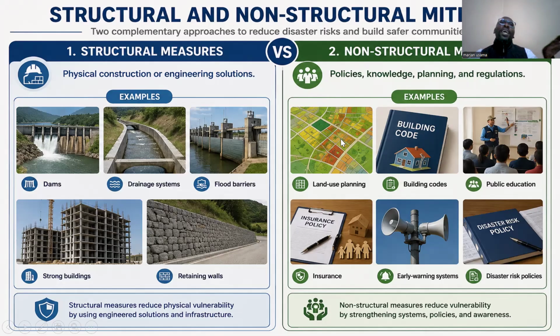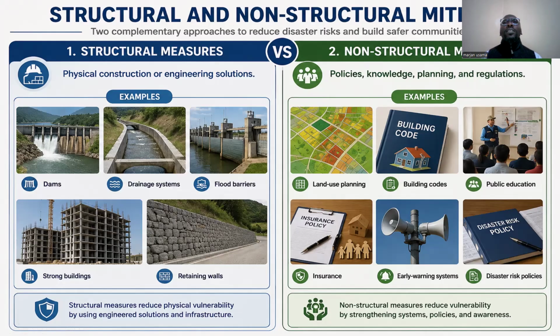So there are areas allocated for industries, for schools, for markets. That is what is known as land use planning. You can also ensure early warning, and so on. So that is the difference between the structural and the non-structural measures.